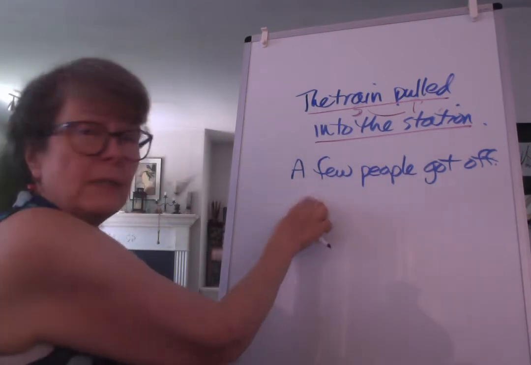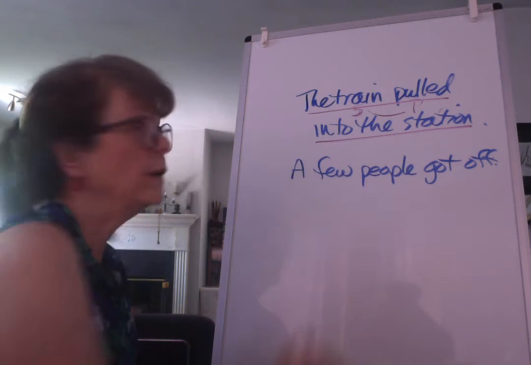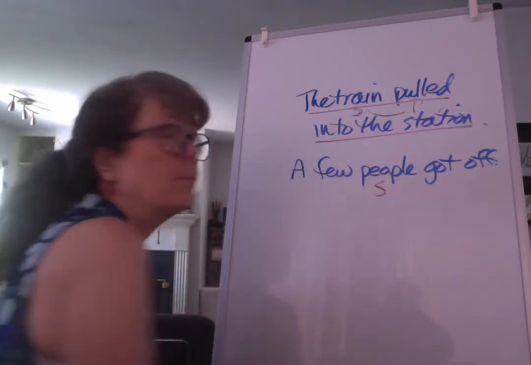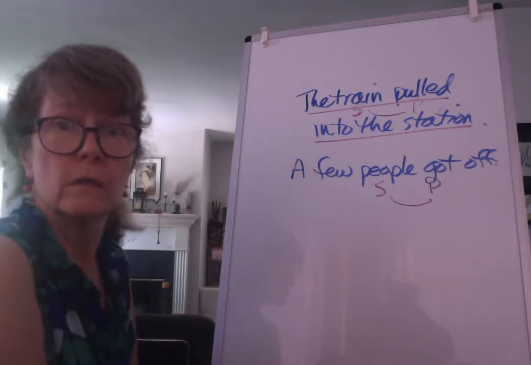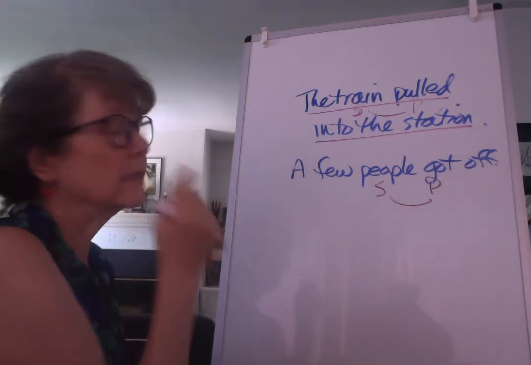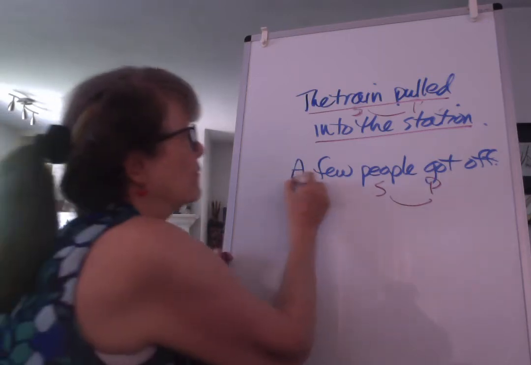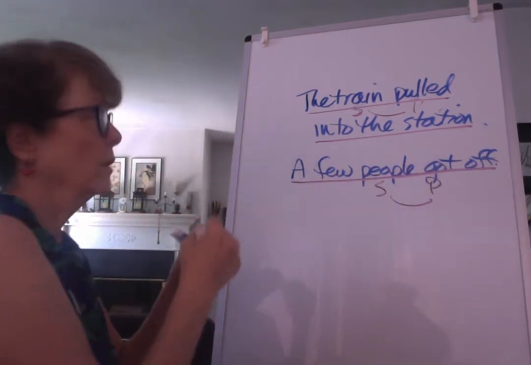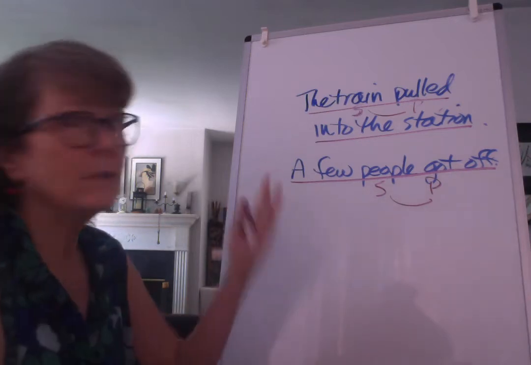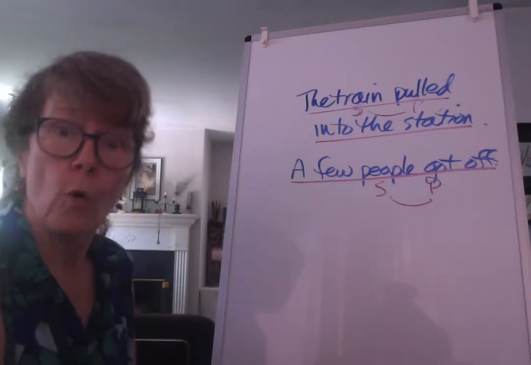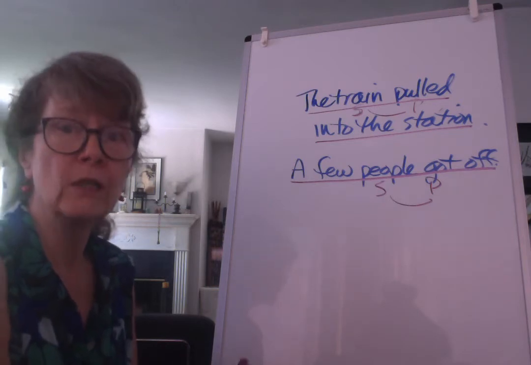Then we have a separate set of words here. A few people got off. Who or what is doing something? The people. What did they do? They got. So we have a group of words with a subject and predicate that expresses a finished thought. A few people got off. So we have two main clauses there. Now we can write them separately like that, or we could join them together with a subordinating conjunction.